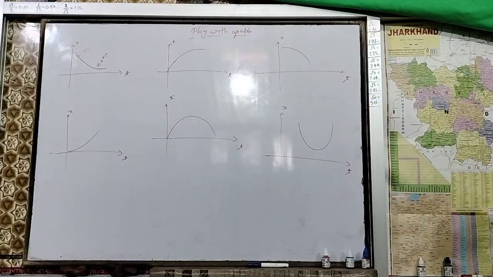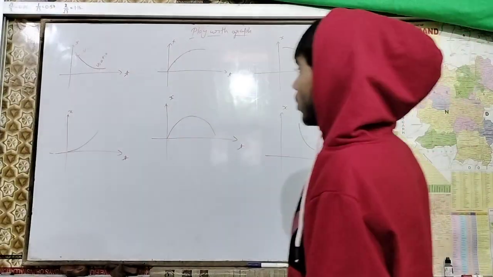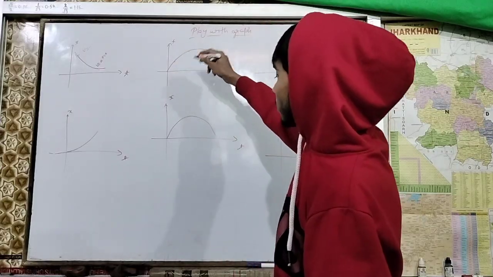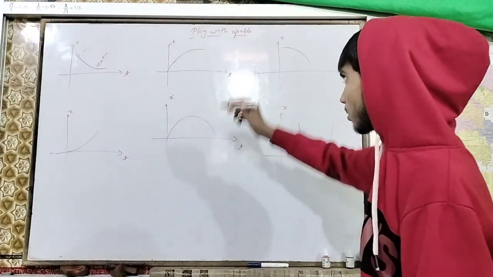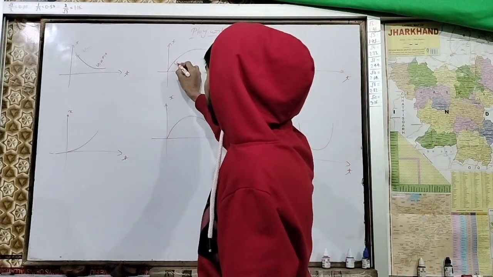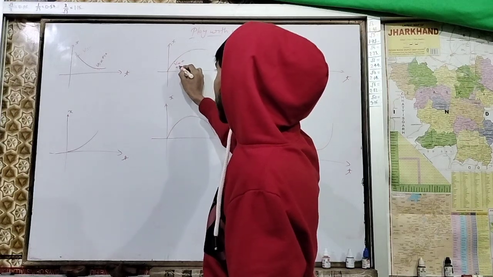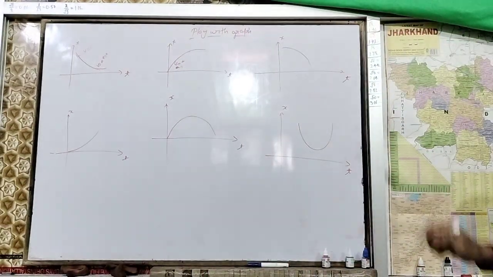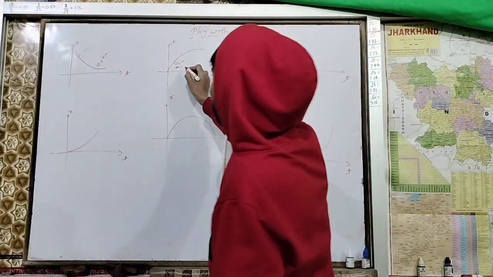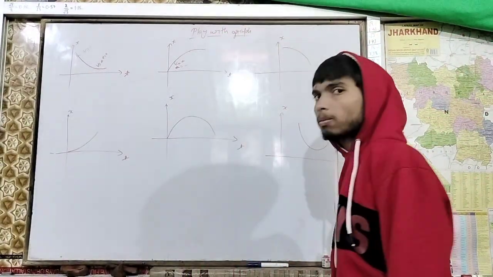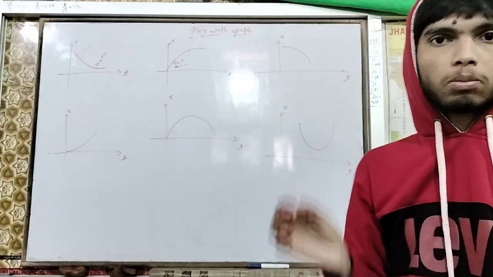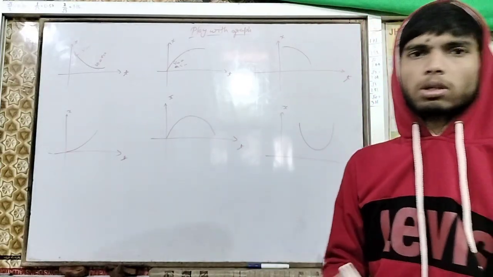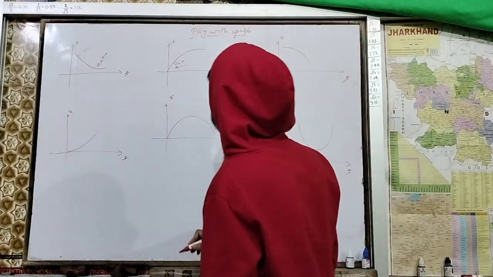First of all, velocity: you can see our tangent line is making an acute angle, so v is positive, but a is negative because this is the opposite of a U. So acceleration is negative. It is not compulsory that if velocity is positive, then acceleration will always also be positive.